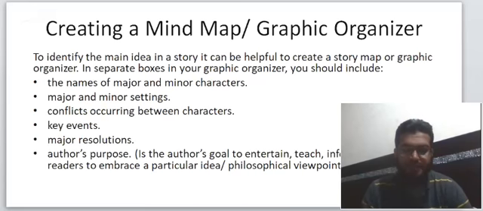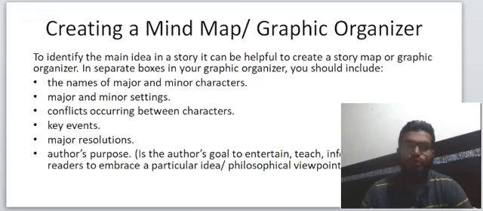These skills are applicable to every kind of writing, every field, even to life in general. If you create a mind map or graphic organizer, this is mainly useful for those students who are reading long pieces of writings, a whole chapter, a whole story, a novel.